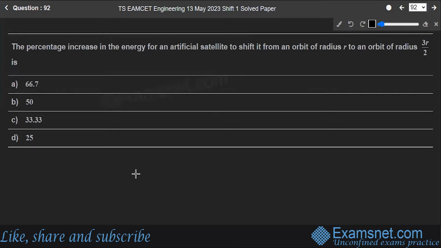Next is question number 92. The percentage increase in the energy for an artificial satellite to shift from an orbit of radius r to an orbit of radius 3r by 2.